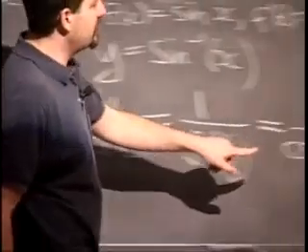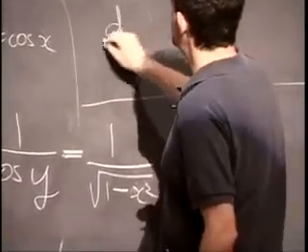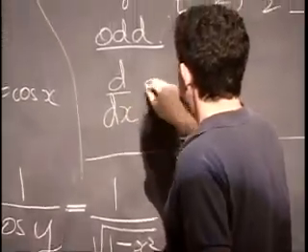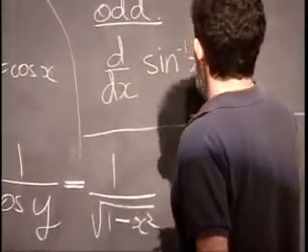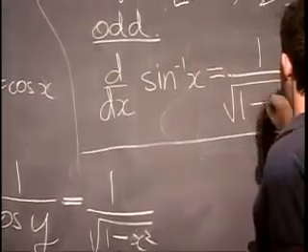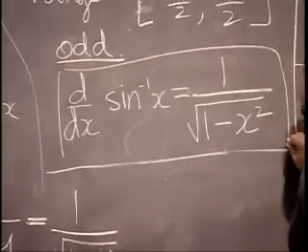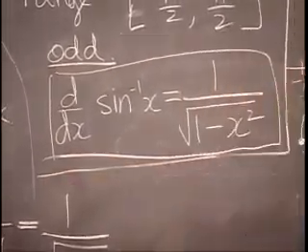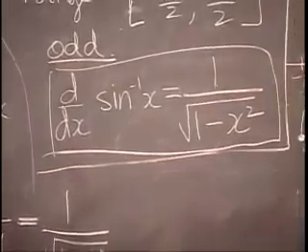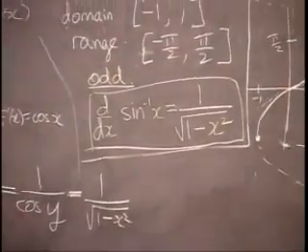So we fill that in, and we found our derivative, which I'm now going to summarize over here as d/dx of inverse sine of x is 1 over square root 1 minus x squared. And that will get an extra box around it because it is an addition to our list of derivatives. So we have differentiated inverse sine of x.